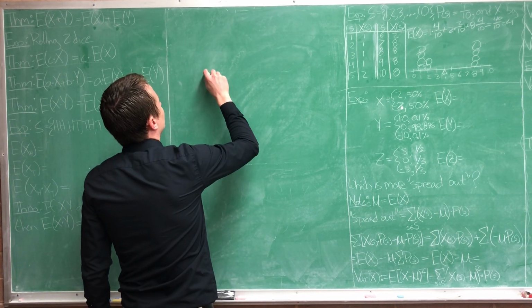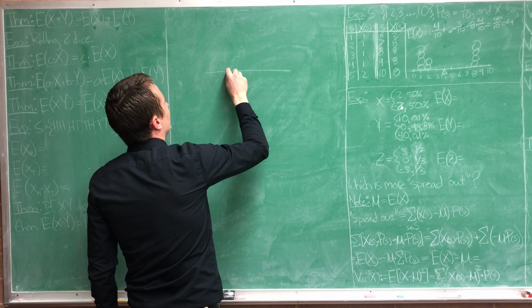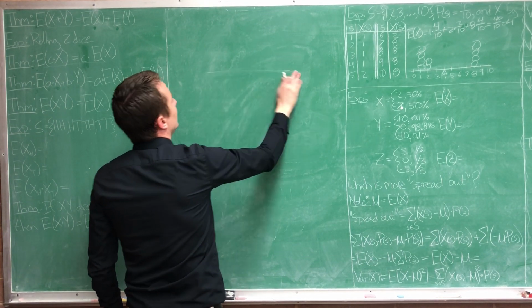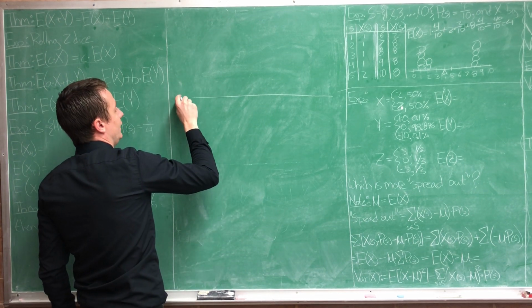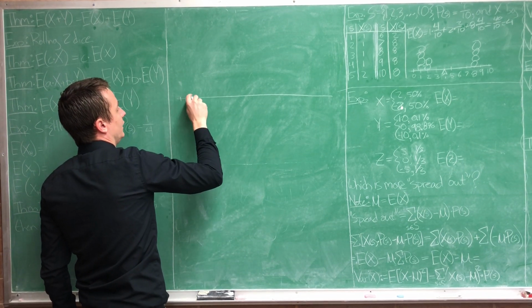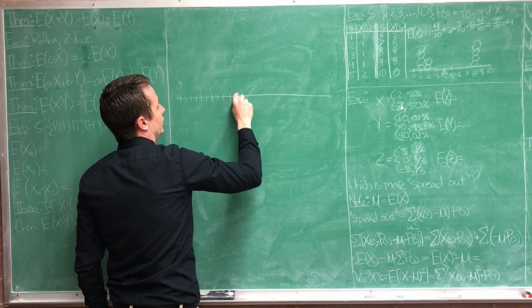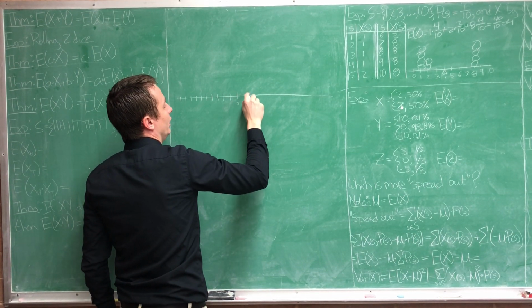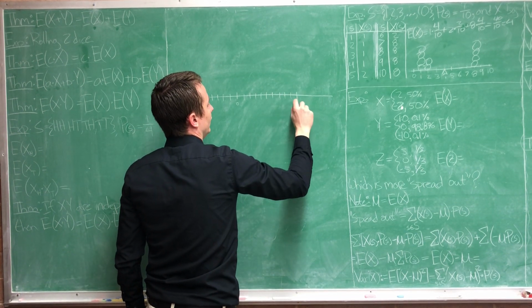So here's negative 2. Let's create a full number line for each of these. So we have negative 10, 9, 8, 7, 6, 5, 4, 3, 2, 1, 0, 1, 2, 3, 4, 5, 6, 7, 8, 9, 10.